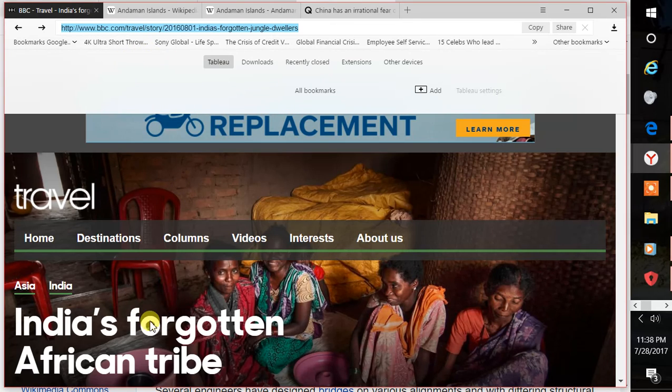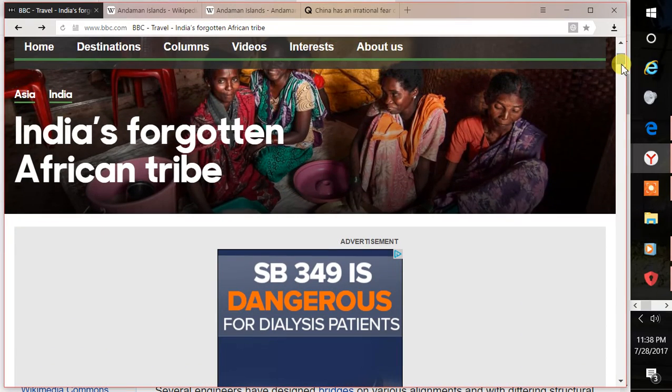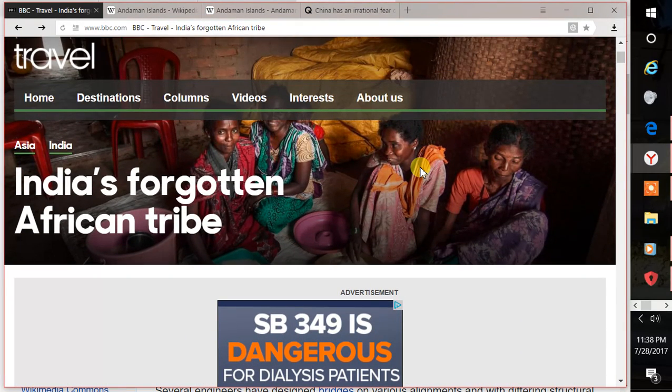Okay, so this article here says, India's forgotten African tribe. As usual, when the white supremacist wants to lie, so that people don't understand that we are all black, they always try to make it look like everybody that's black came from Africa. But in nature, these are just the Indian people who had survived the onslaught of the white exotic people who invaded India, especially the northern part, and were not caught up.